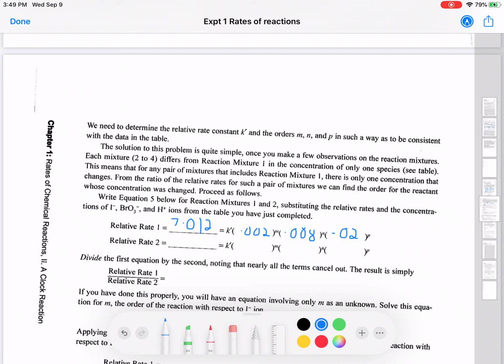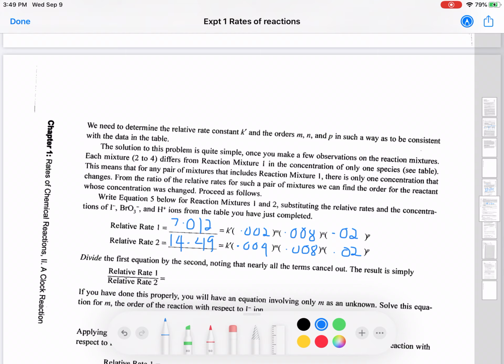And then reaction 2, relative rate 2, it is 14.49 from your table. And then concentration of iodide 0.004, 0.008 and 0.02 for H plus. Now you're going to divide this together. Rate 1 over rate 2. So 7.092 you divide by 14.49. What would you get?